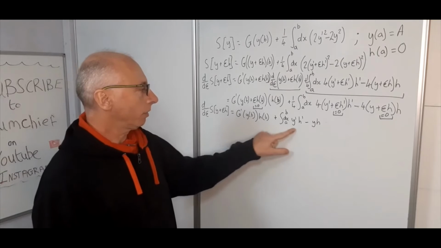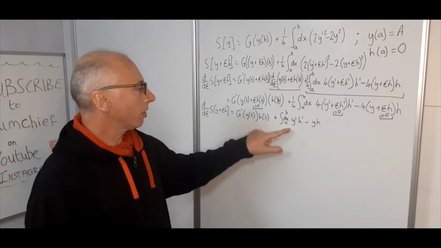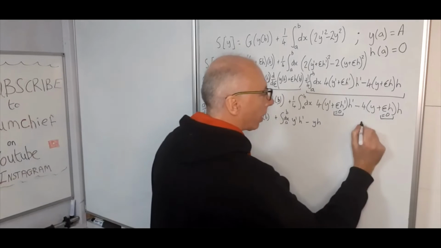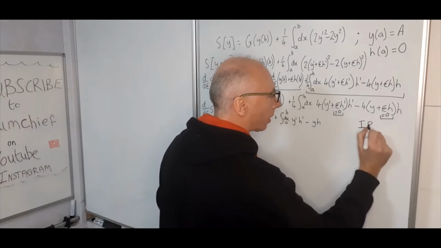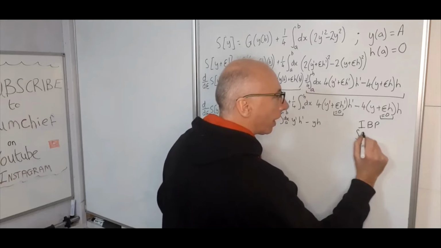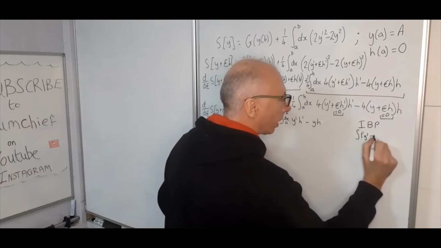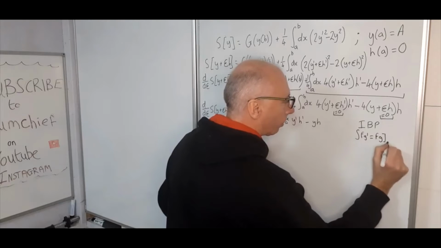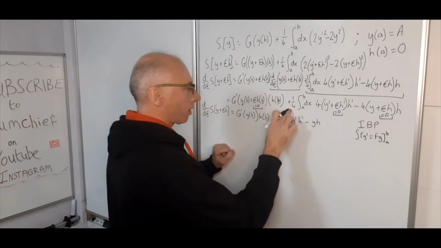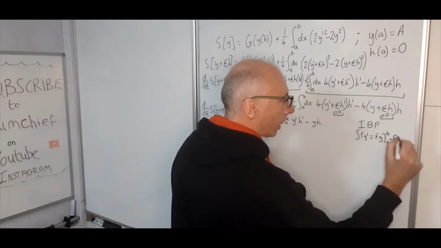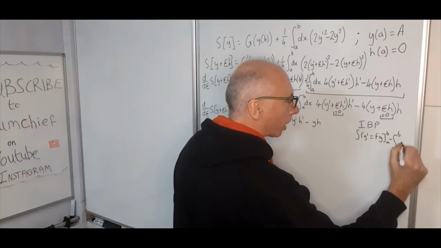So we can now use integration by parts to get rid of the h prime. So now integration by parts, let's just remind ourselves of the formula. The integral of f g prime equals f times g from a to b, that's our parameter of integration, minus the integral from a to b of f prime g.